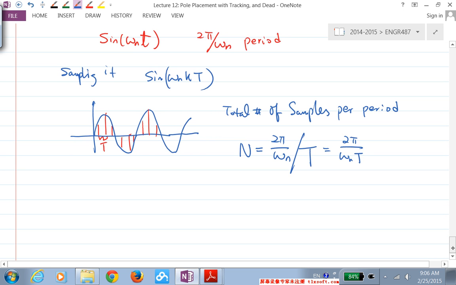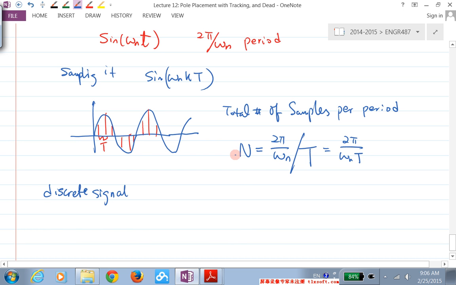Okay. And the next thing here is, what does this N, the total number of samples per period, mean? It means the discretized, sampled signal will repeat itself every N number of samples.